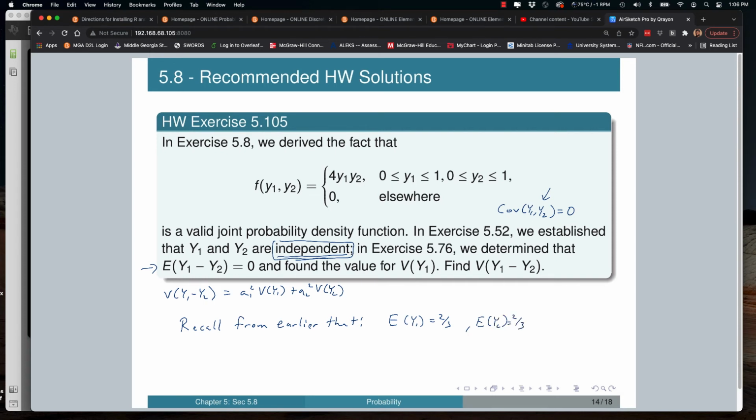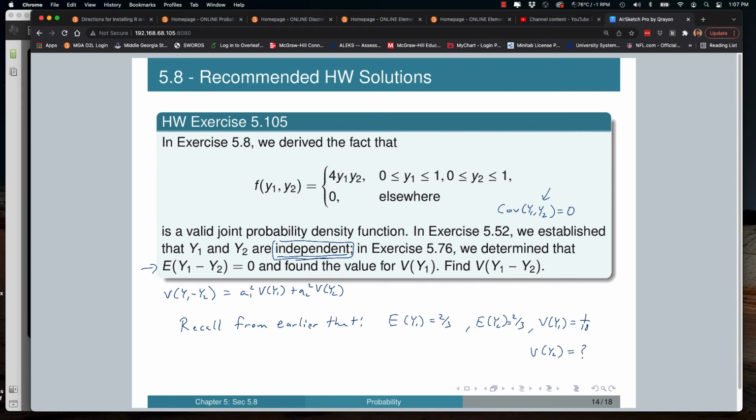That had something to do with them being independent. We also had to find the variance of y sub 1, and that became 1/18. So the thing we don't have that we need is the variance of y sub 2. So we need to figure that out.